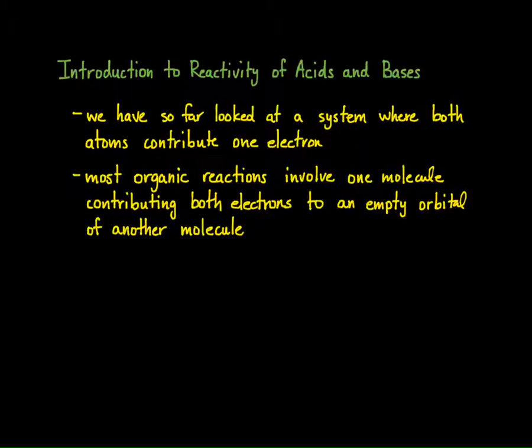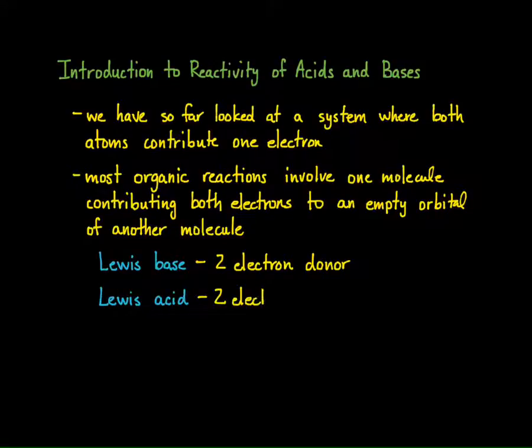And we have terms that are associated with this. Now, in general chemistry, we learn one of those terms, and that is the idea of Lewis acids and bases. And we learn that a Lewis base is a 2-electron donor, and a Lewis acid is a 2-electron acceptor.